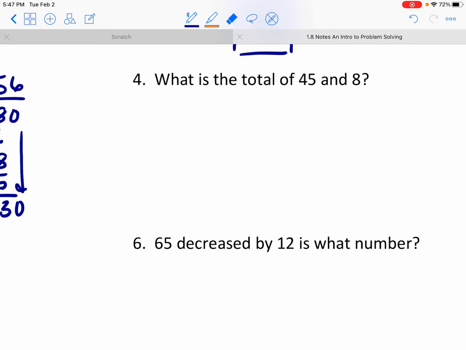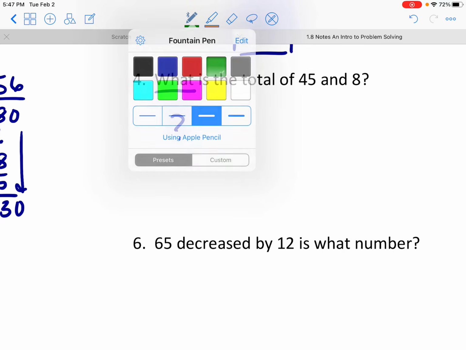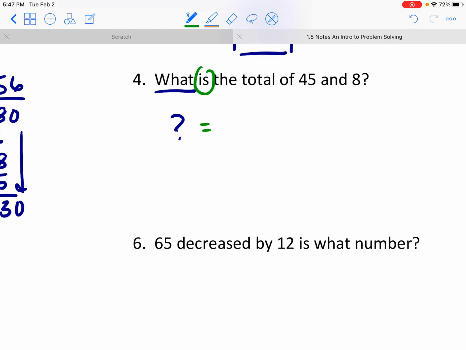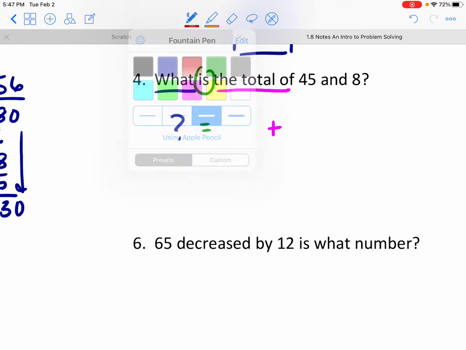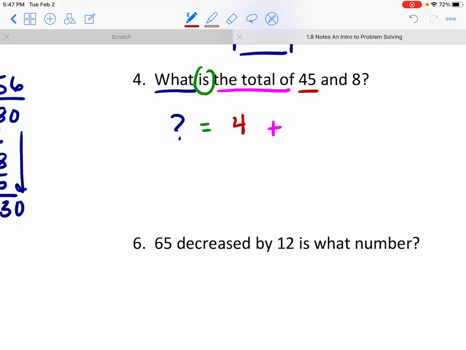It says, what is the total of 45 and 8? So what, question, equals the total of means we have to add two things, and it's the total of 45 and 8.